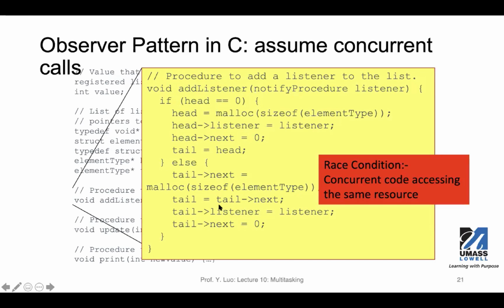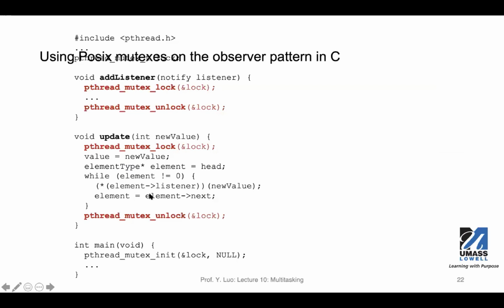So if for some reason this thread is interrupted or suspended at this point before the listener pointer is initialized, then this update function, when it goes through the linked list, it may happen to see an uninitialized listener pointer. And if you use that to make this function call, then that will cause a segmentation error.